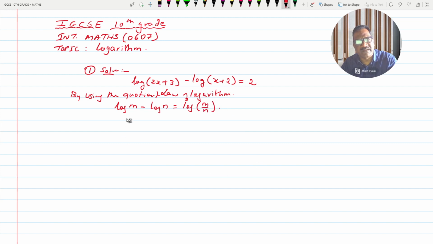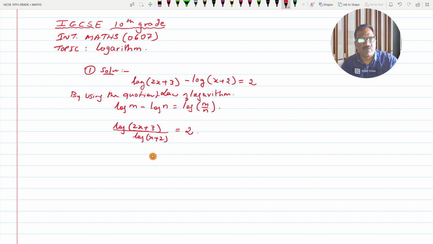By using this law, we can write the left hand side as, we don't want to prove anything, so no need of writing right hand side and left hand side. All you have to do is write log of 2x plus 3 upon x plus 2. This should be equal to 2. So I've used the quotient law of logarithm.